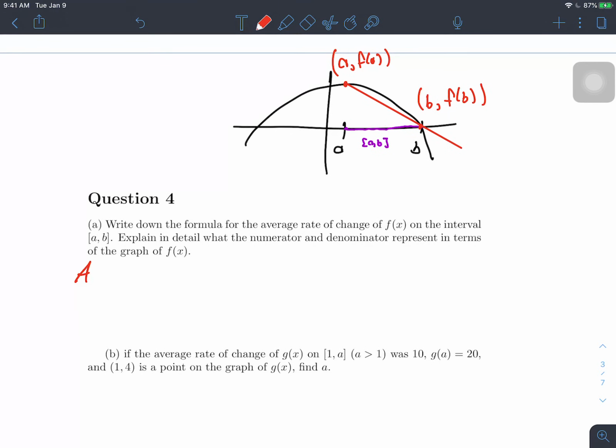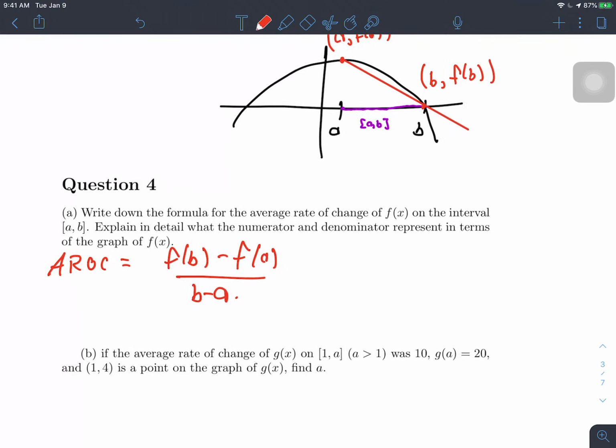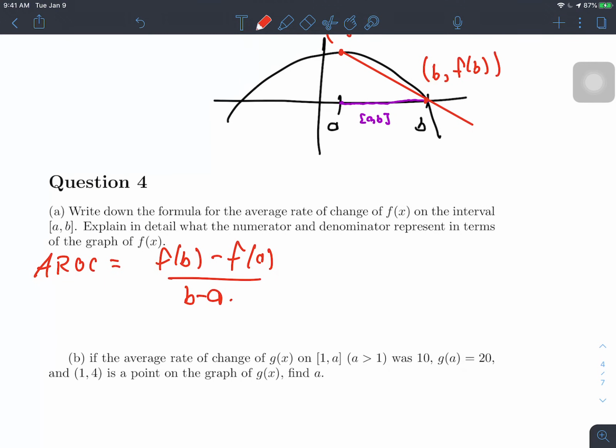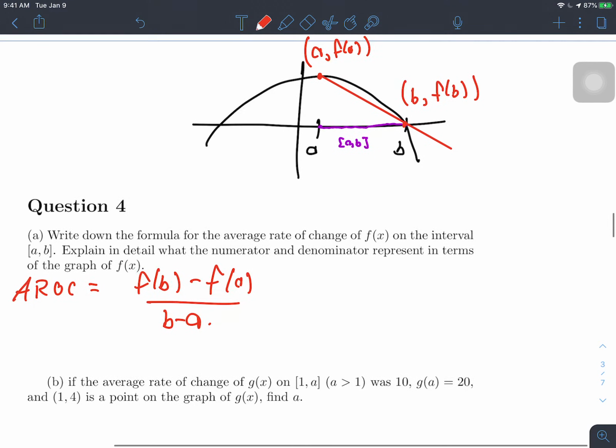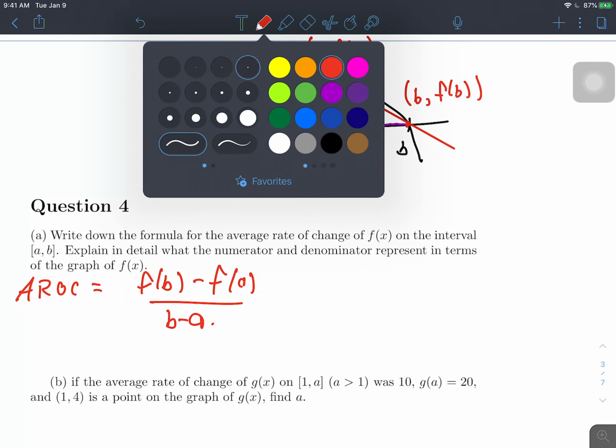So I would say average rate of change equals f of b minus f of a, all divided by b minus a. And the way I would answer the second part of the problem, explaining what the numerator and the denominator represent, is as follows.